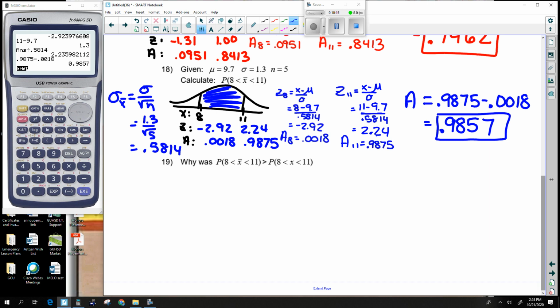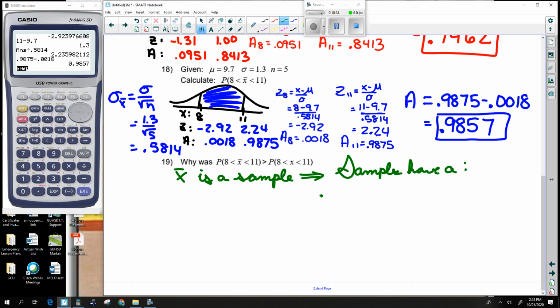Okay, last but not least, why was the X bar greater than the X? Well, because X bar is a sample. What does that mean? Well, samples have a larger relative frequency around the mean.